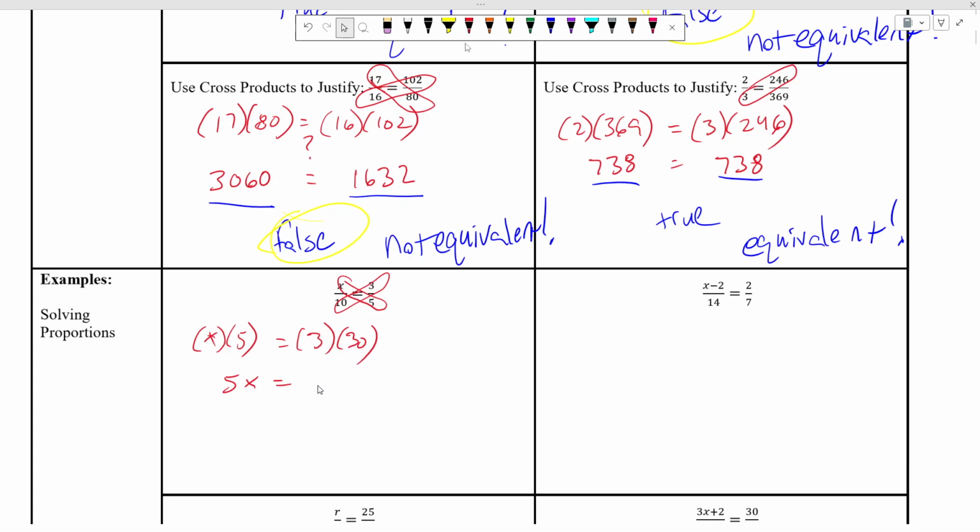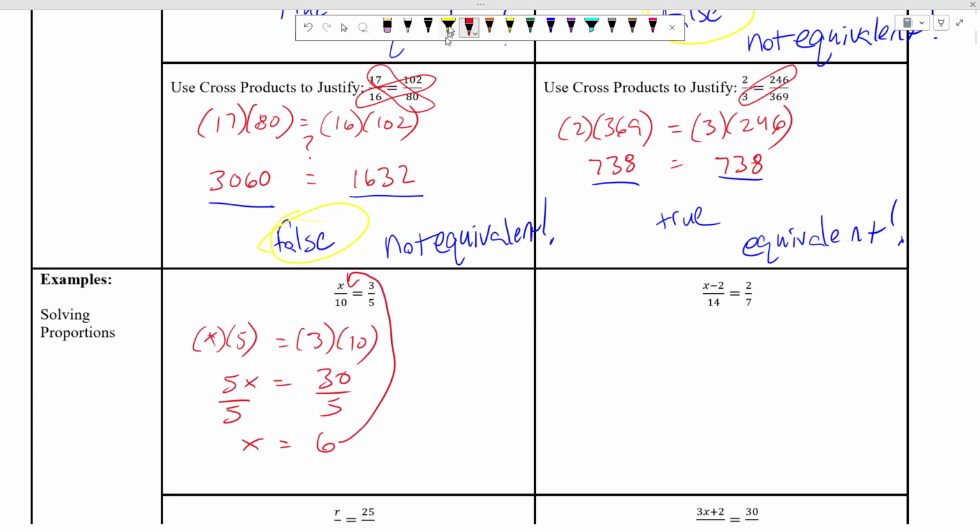No, wait, why did I put 30? It's supposed to be 10. Yeah, okay, 3 times 10, that's 30. Okay, let's see here. Divide 5, x equals 6.